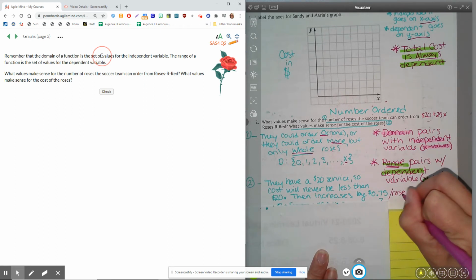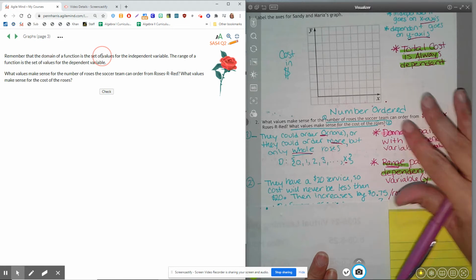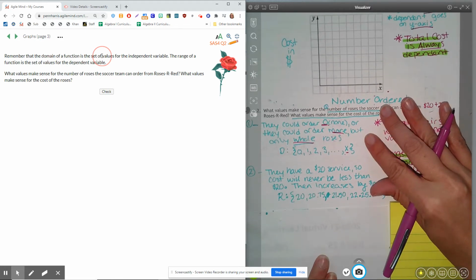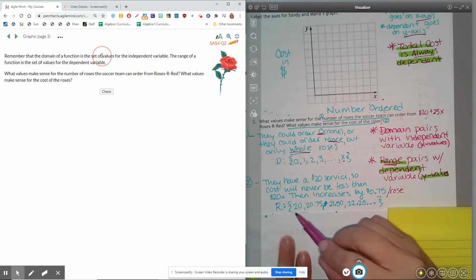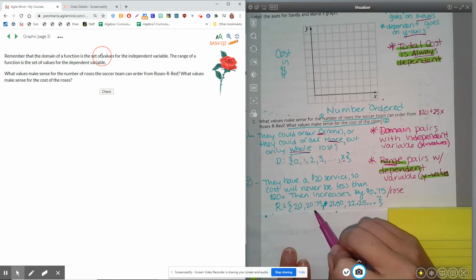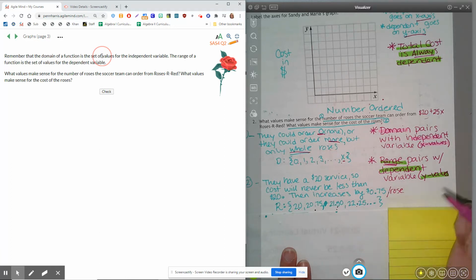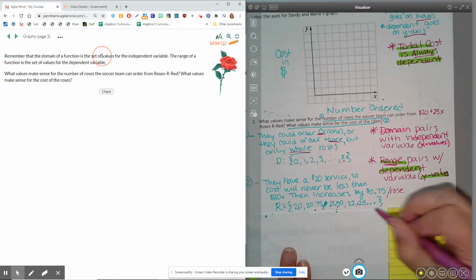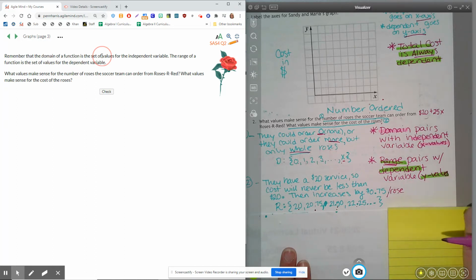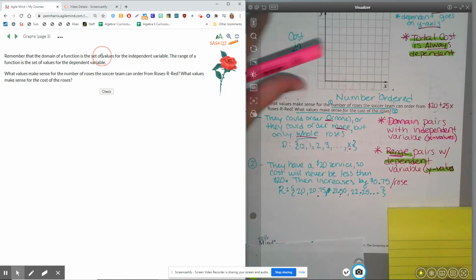So my range could start at $20, or I could have $20.75, or $21.50, or buy another rose and get $22.25. And it could keep going on and on with 75 cents per rose.